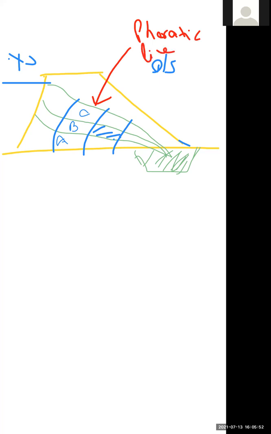And these three lines are flow lines or streamlines. So the phreatic line is the line above which pressure is atmospheric pressure and below the phreatic line pressure is hydrostatic pressure. The topmost flow line is known as the phreatic line.